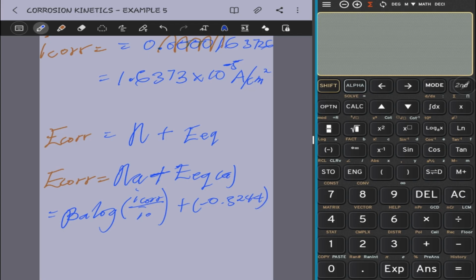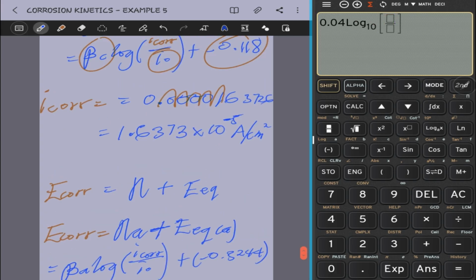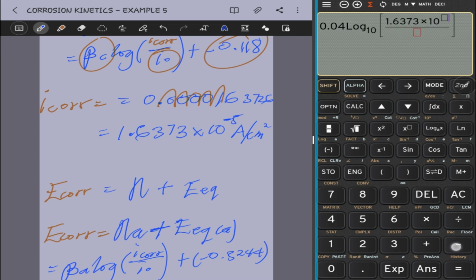The Tafel constant for the anodic is 0.04, and then we have log base 10 of the corrosion current density, that's 1.6373 times 10 to the power minus 5, divided by 10 to the power minus 6.